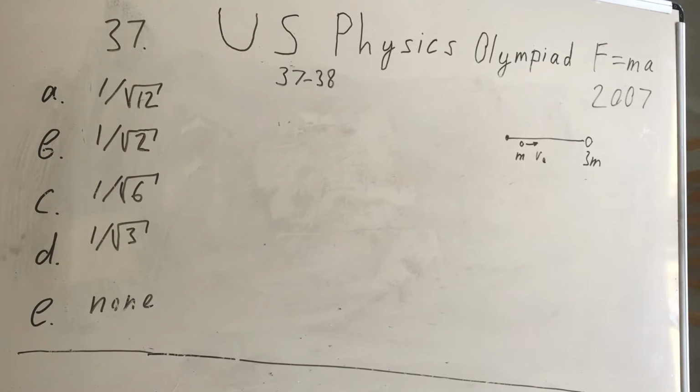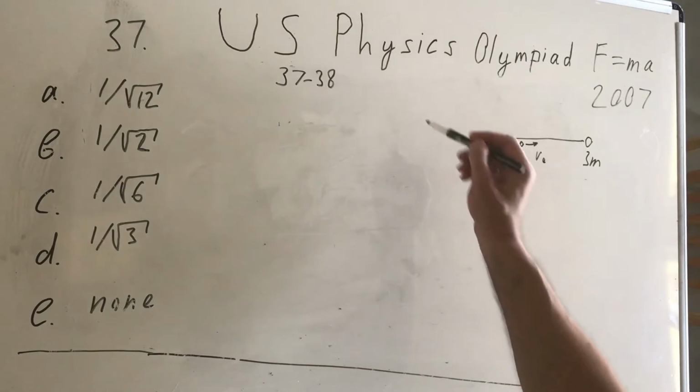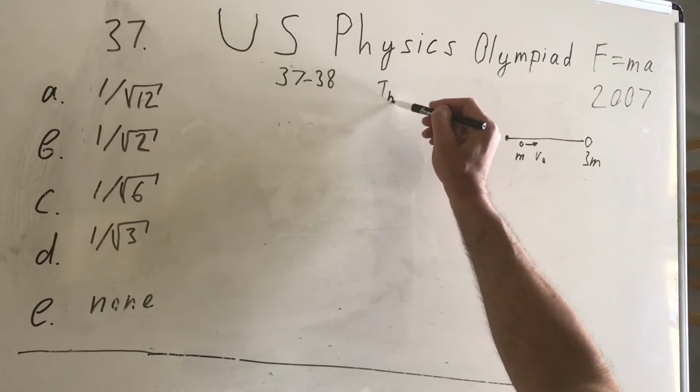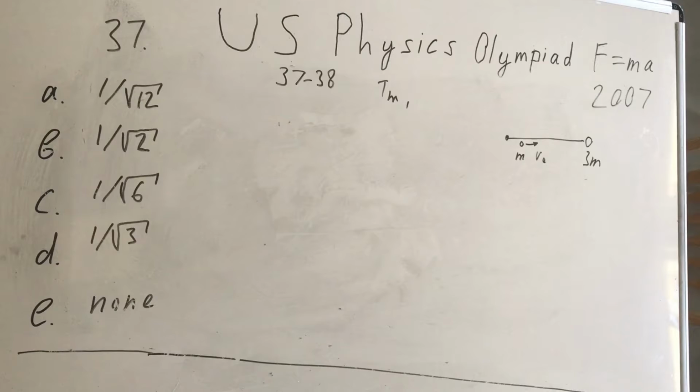A massless elastic cord that obeys Hooke's law will break if the tension in the cord exceeds T maximum, unknown tension. One end of the cord is attached to a fixed point.